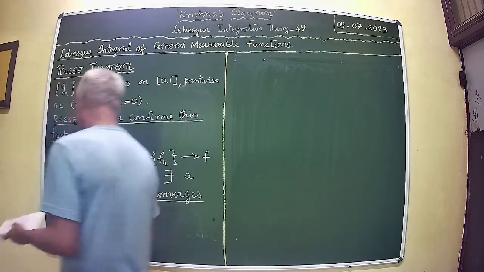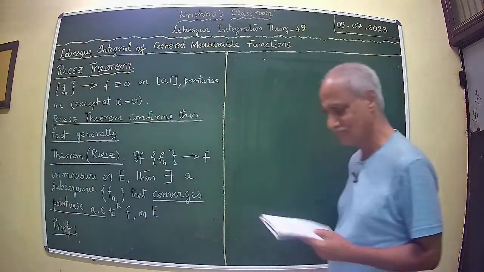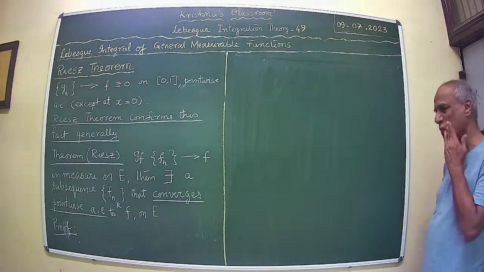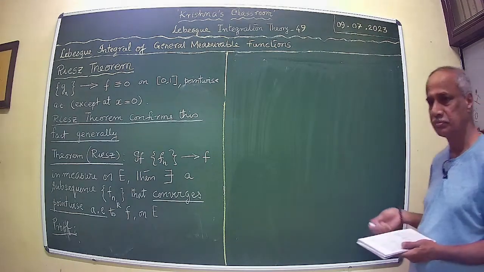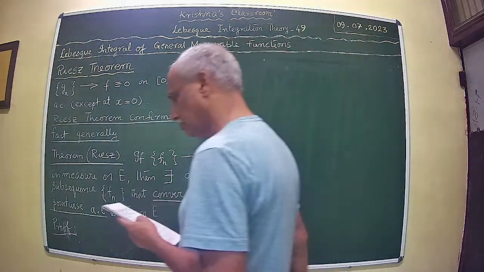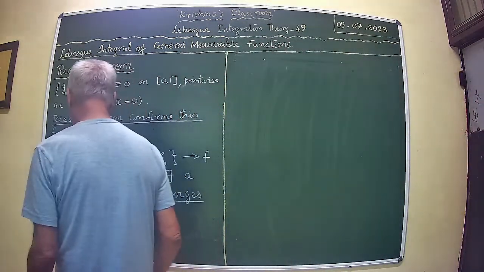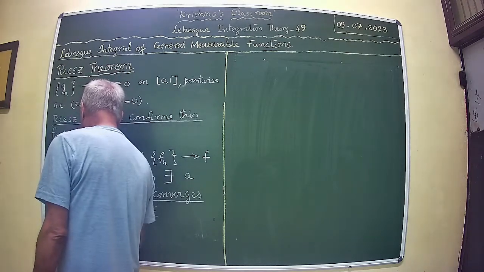Proof. So what we have is that Fn converges in measure.